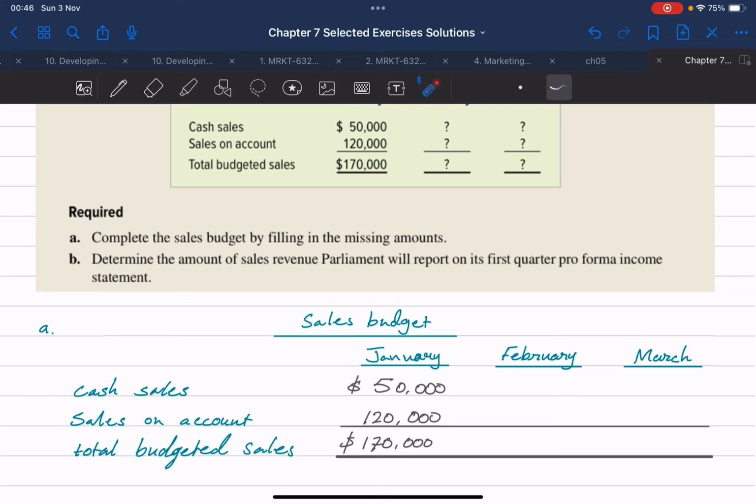We can do this in multiple ways. The easiest way is just to add 10% to each of these.